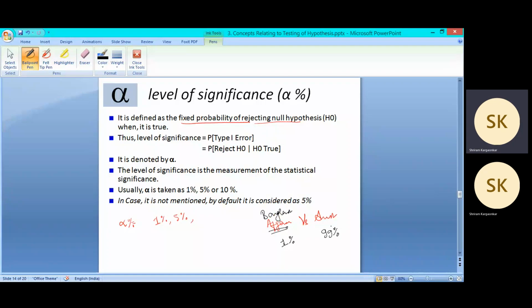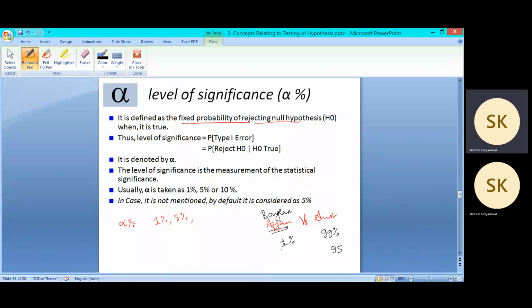So when we say 99% Australia will win, we are not saying 100% it will. So 1% you are keeping a chance for the less competitive or weak team. Okay. Sometimes we say 95%. Suppose it is a match between India and Australia or any other matches.